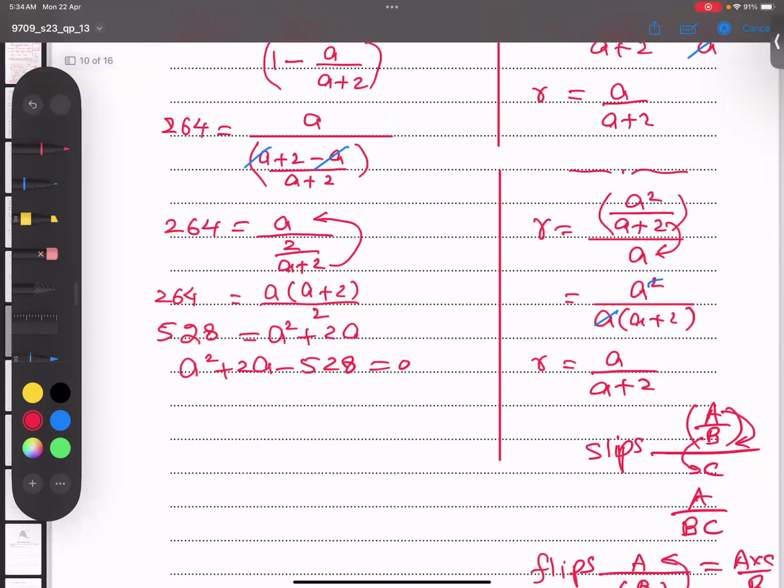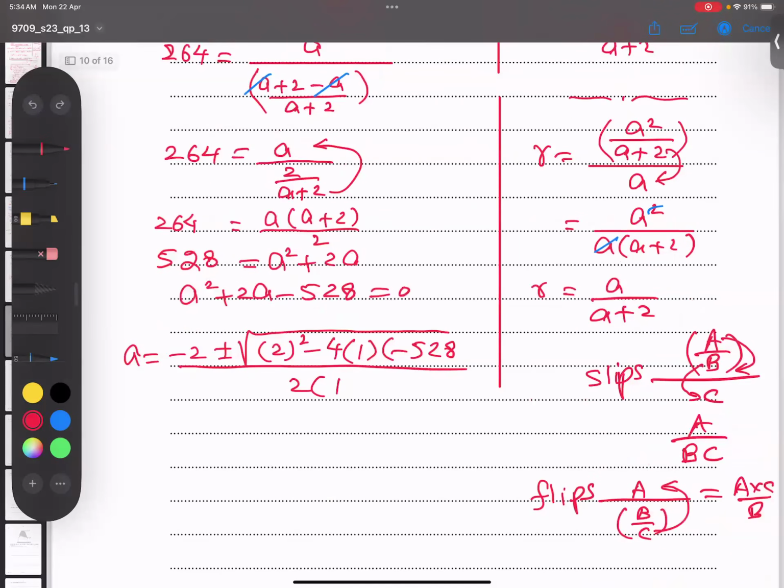Now, if I apply factorization or the quadratic formula, I will apply the quadratic formula. Negative b plus and minus the square root of b squared minus 4ac, over 2a, where a is 1 and c is negative 528.